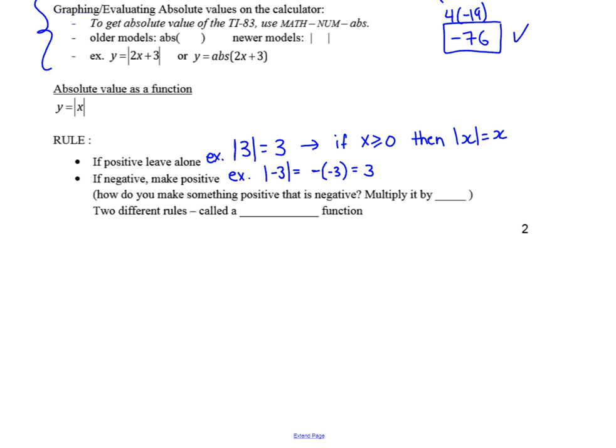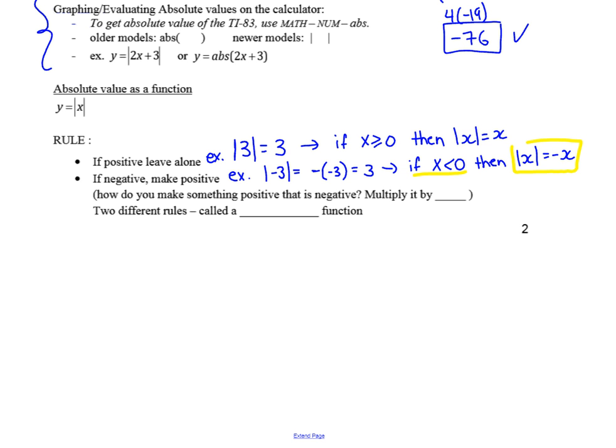Yeah. So that means if x is less than 0, if x is a negative number, then the absolute value of x equals negative x. So if x is a negative number, we can multiply it by -1 for it to equal a positive.